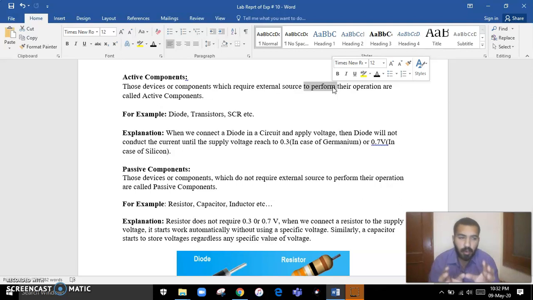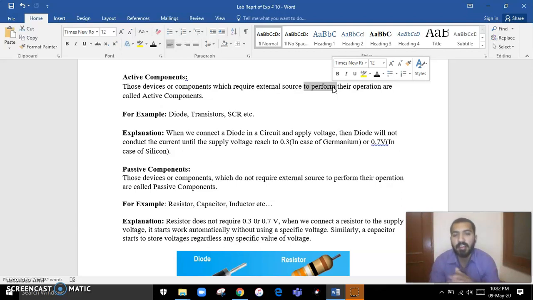For the proper operation, for the proper working of that phone, we insert a SIM card, a network card, in that phone. That SIM card provides a network. It allows the phone to make calls, to send messages, to use internet.